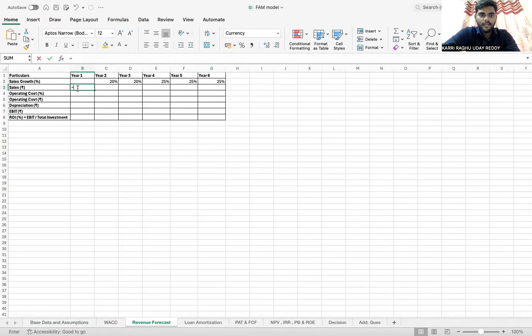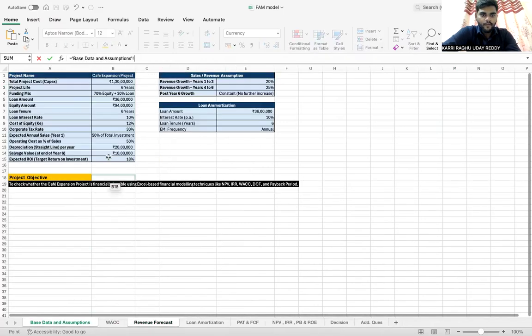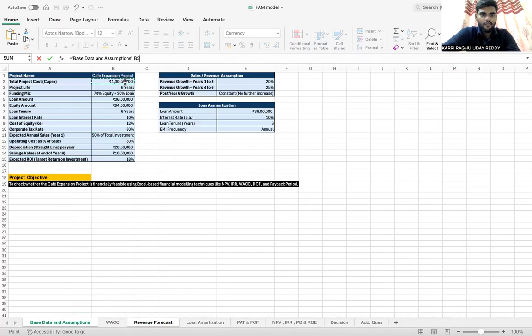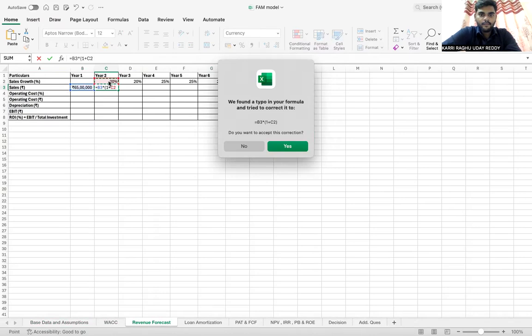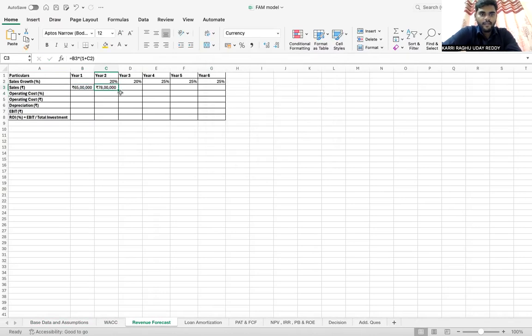Sales value in the first year is given as 50% of total investment. Total investment is 1 crore 30 lakhs into 50%, 65 lakhs. Now we will apply the growth rate from second year. That will be 65 lakhs into 1 plus growth rate of 20%, 78 lakh. Now I'm dragging the same for the rest of the years.